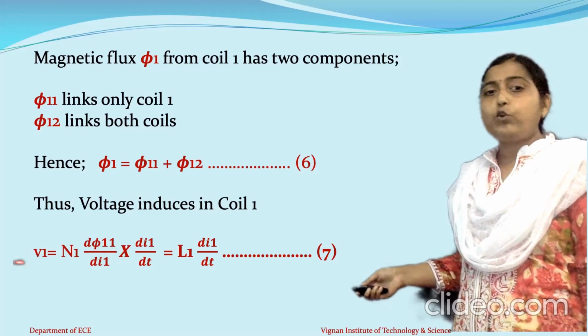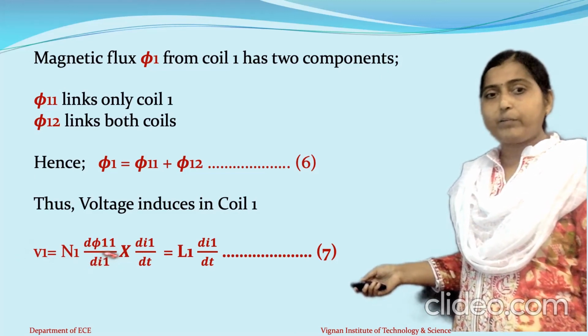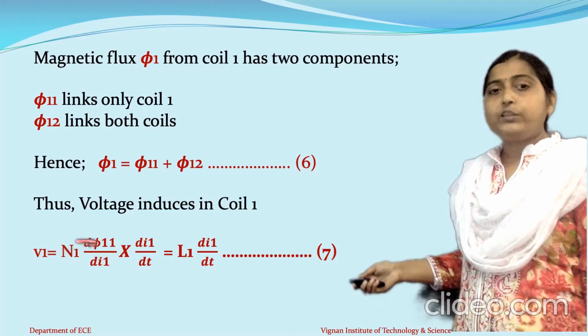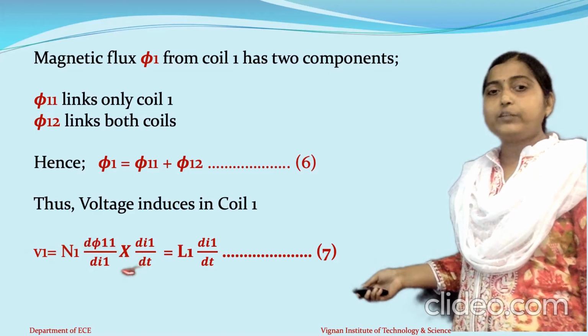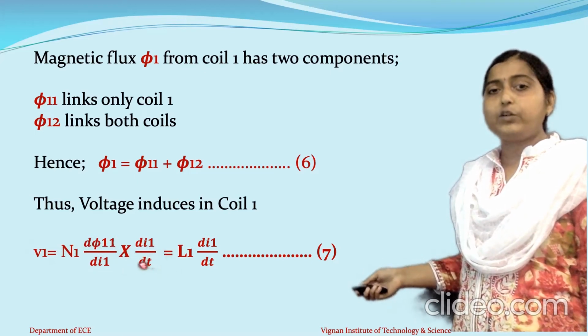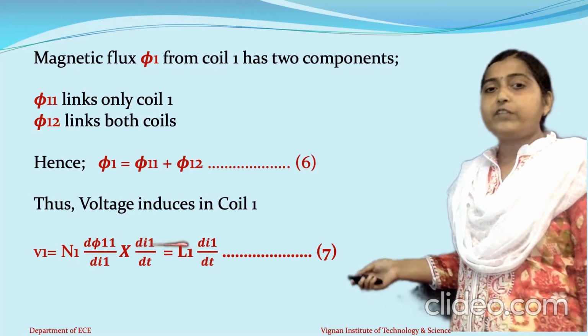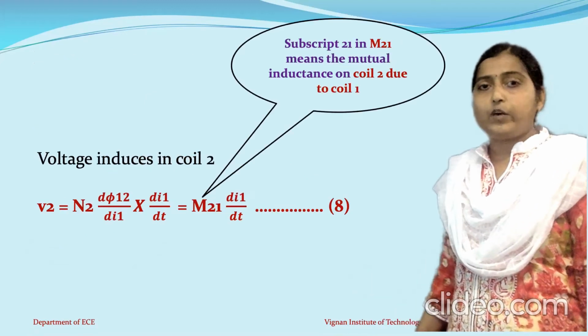So V1 is N1 into d phi1 by dI1 multiplied by dI1 by dt, which is equal to L1 into dI1 by dt according to the definition of self-inductance. Here L1 represents the self-inductance of the first coil.